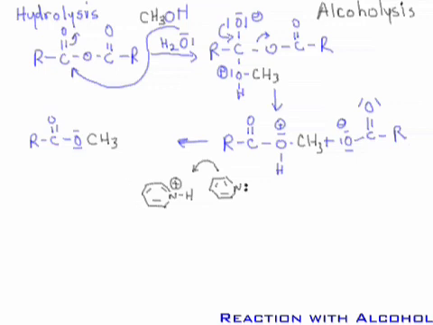And then we will also have pyridinium, a salt of pyridinium carboxylate. So if the R group were methyl, it would be pyridinium ethanoate, or acetate.